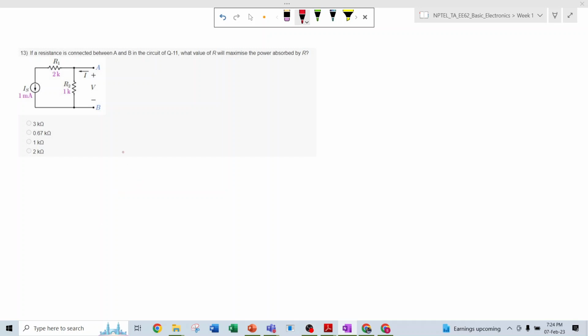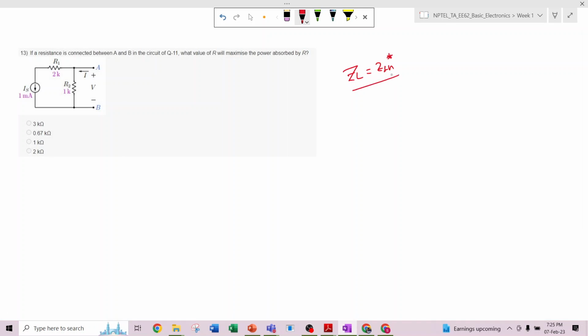So it is basically the maximum power transfer theorem. According to the maximum power transfer theorem, I already told you, the maximum power transfer will happen only when ZL, that is the load resistance, is the complex conjugate of the Thevenin resistance.